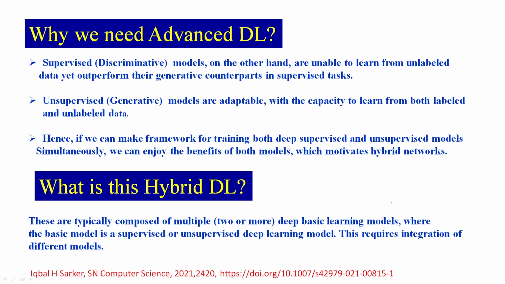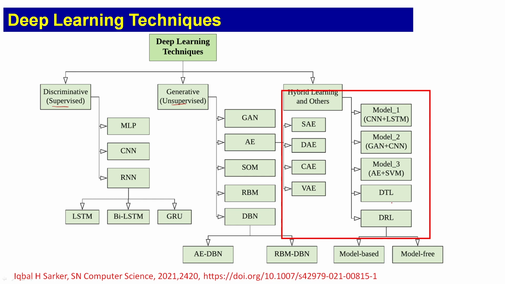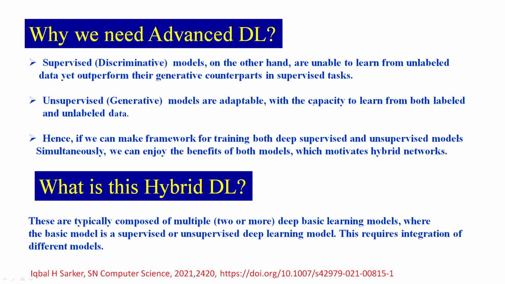That is the motivation of using advanced DL, and this means we have to use hybrid networks, so hybrid DL models. You can see hybrid learning methods here. That is what we need to discuss in this lecture. And what is this hybrid DL? They are typically composed of multiple deep basic learning models.